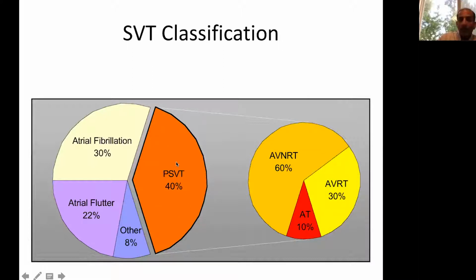PSVT is a rhythm disorder characterized by paroxysms of very fast regular tachycardia, and they include AV node reentry tachycardia, AV reentry tachycardia, and atrial tachycardia. Again, we'll go to the next slide and see what they mean.